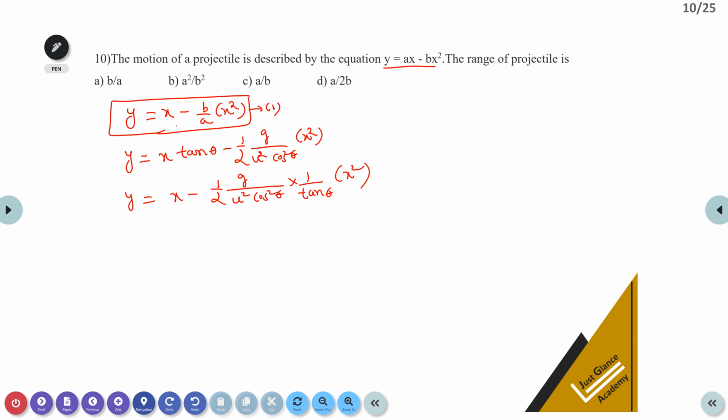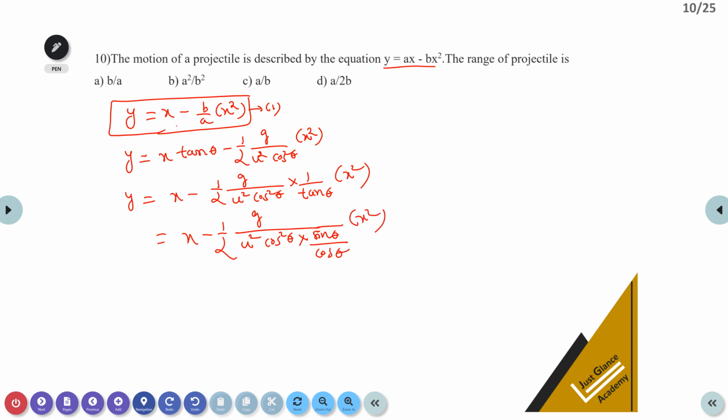Now this is equal to x minus 1 by 2 g whole divided by u square cos square theta, into sin theta divided by cos theta, into x square.